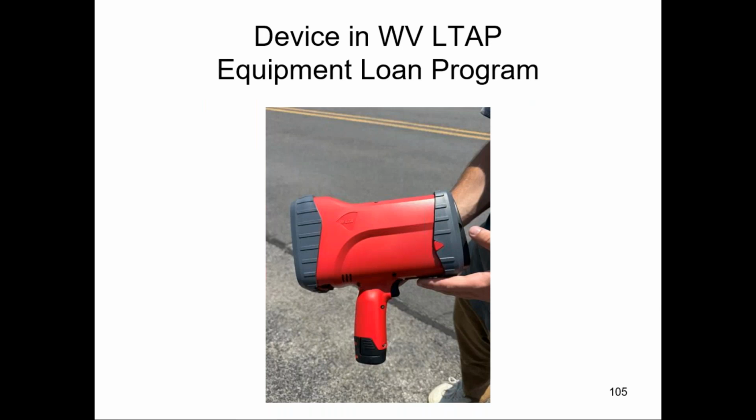And those of you not from Ohio or West Virginia, you might check with the LTAP center in your state. Many, but not all LTAPs do have sign retroreflectometer loan programs. And so if you'd like to use one, whether it's to measure your signs or to create comparison panels, whatever it might be, check with your state's LTAP center.